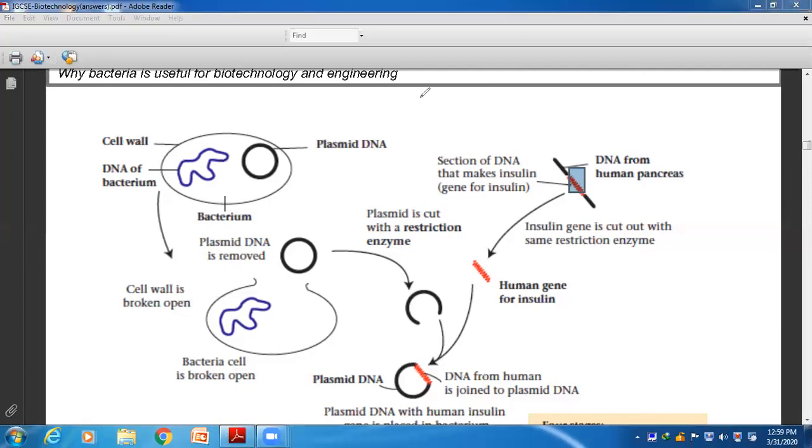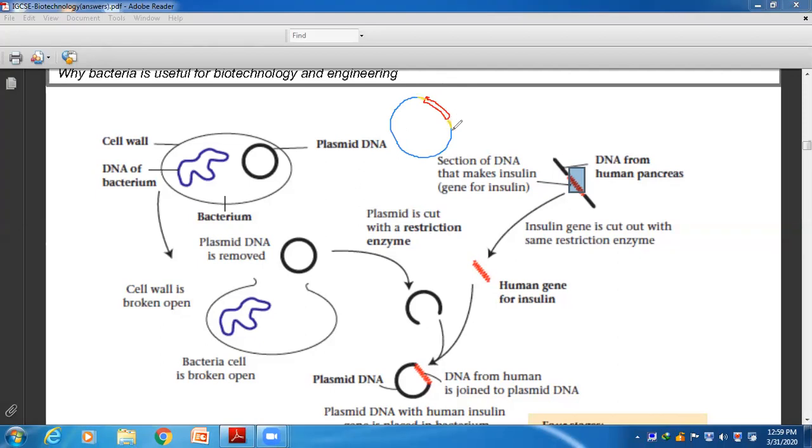For example, this is your plasmid, right? And this is your gene of interest. Now both are separate fragments, right? So the bond that forms between these two is called phosphodiester linkage, right? Meaning two nucleotides are joined together.